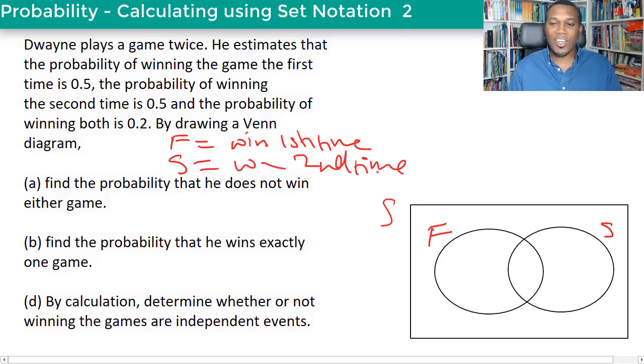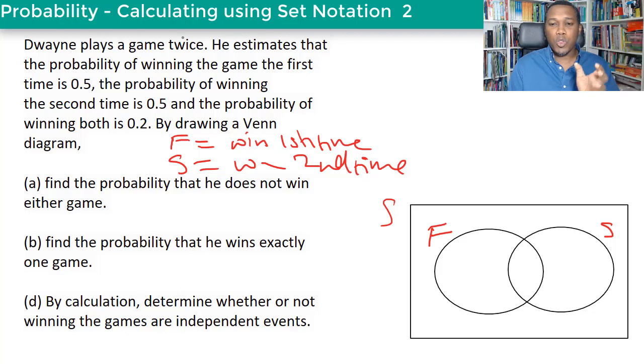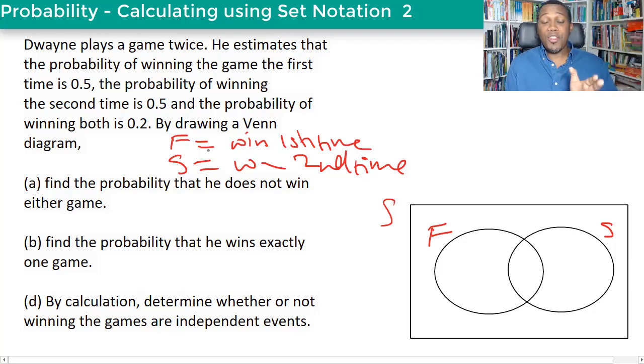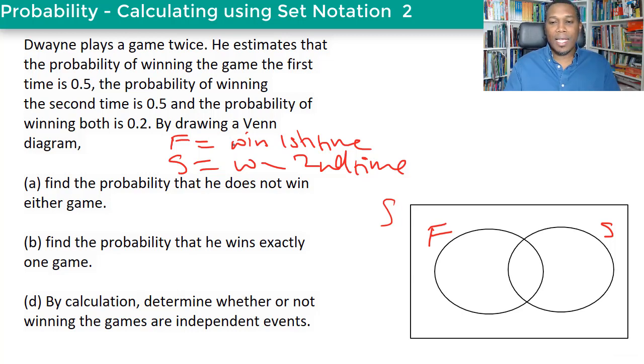You should be writing: let F be the event that you win the first time, and S is the event that you win the second time.